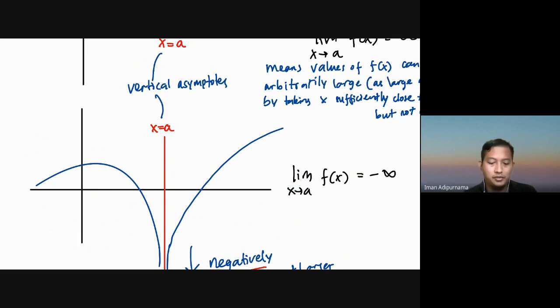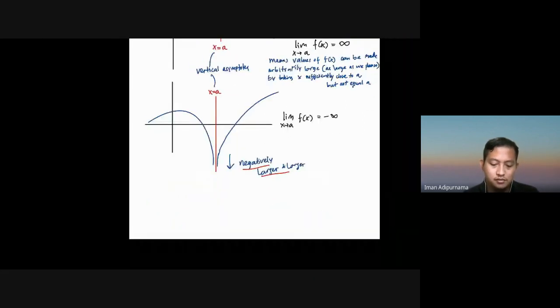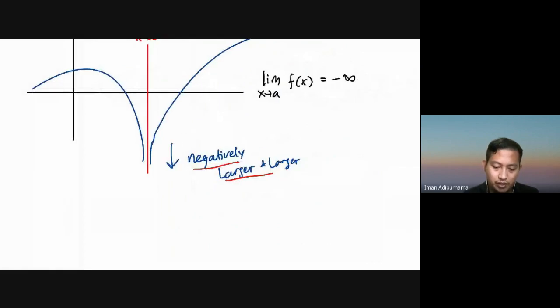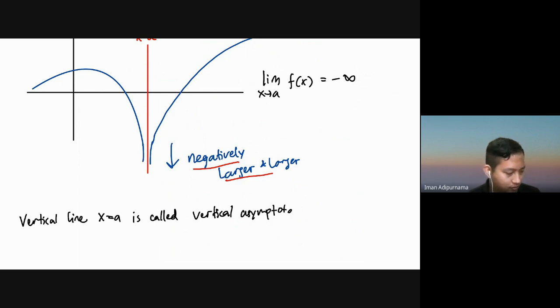Now to have this asymptote, let me write: a vertical line is called a vertical asymptote of the curve y equals a function of x.